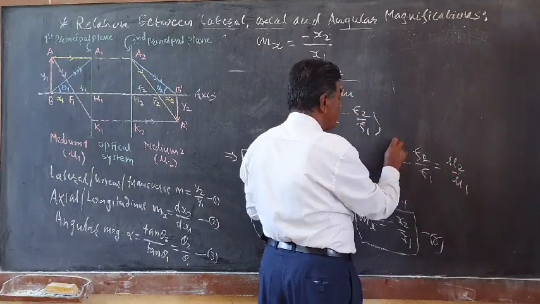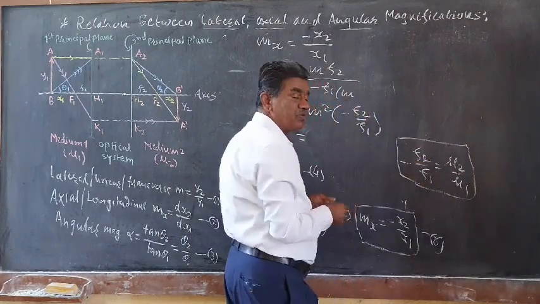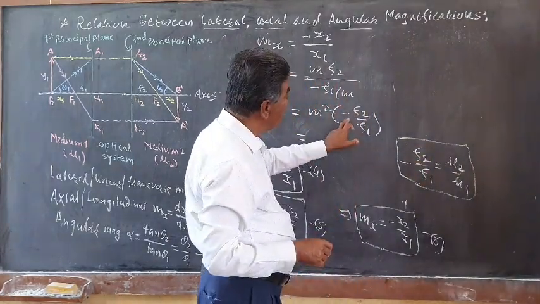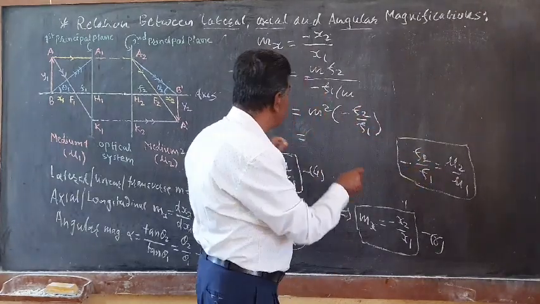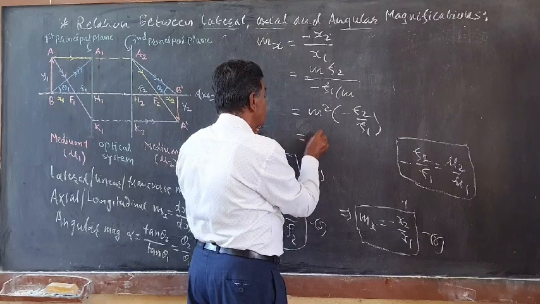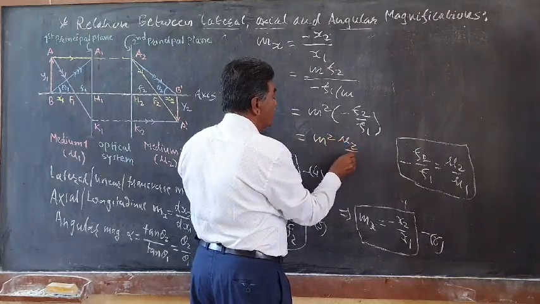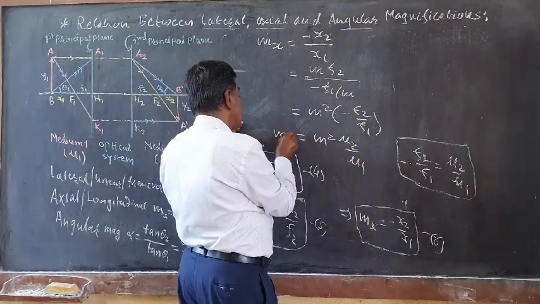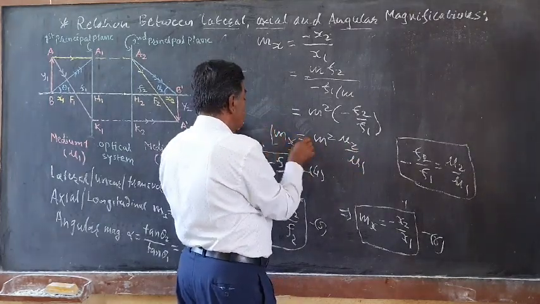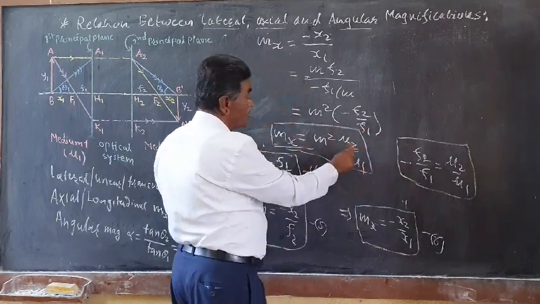So we substitute mu2 divided by mu1 instead of minus f2 divided by f1. So the axial magnification mx will be equal to m square mu2 divided by mu1.